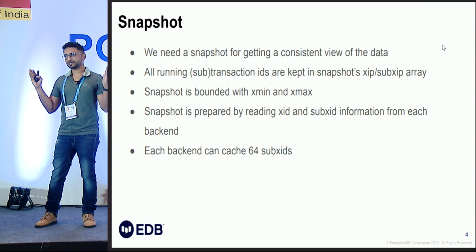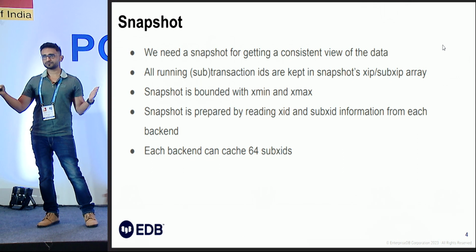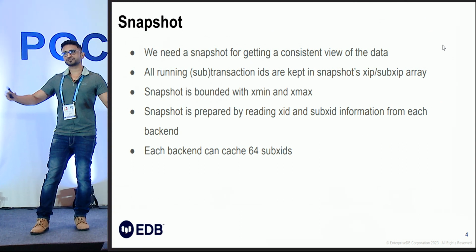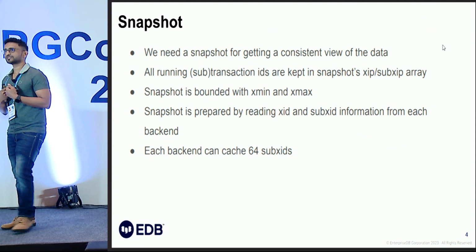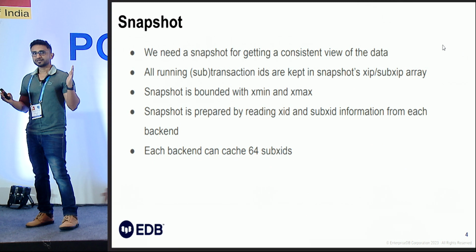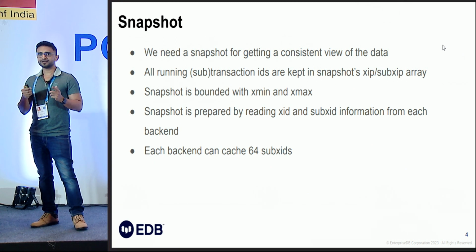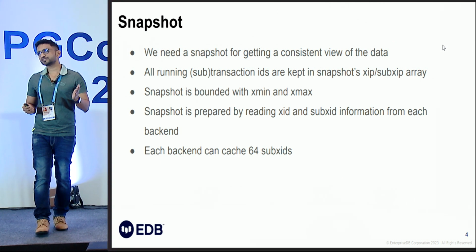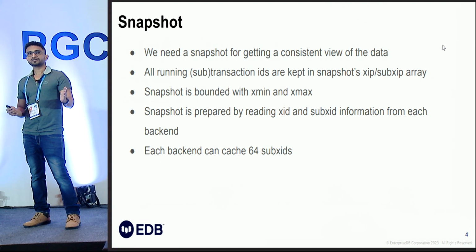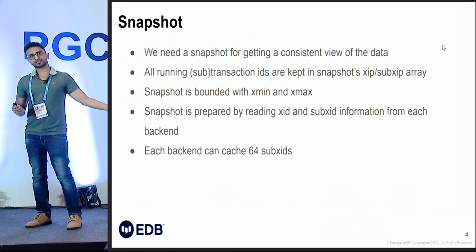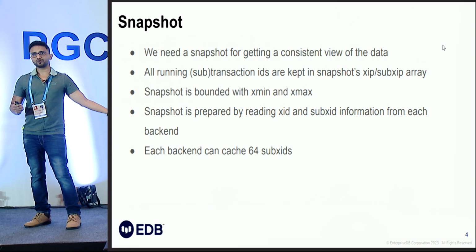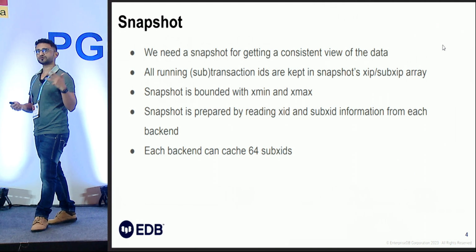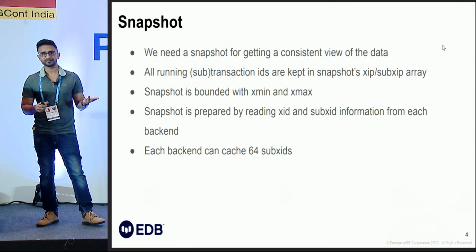We also set a boundary, xmin and xmax, for the snapshot. It means we don't want to keep XIDs in the system which run forever. While running through the backends, we know the smallest running XID in the system. Below that XID, you can always assume transactions are committed for you, because when you took the snapshot, this was the smallest transaction ID running.